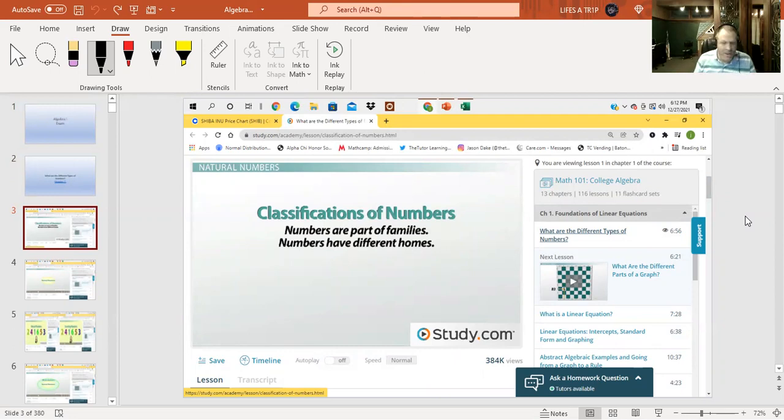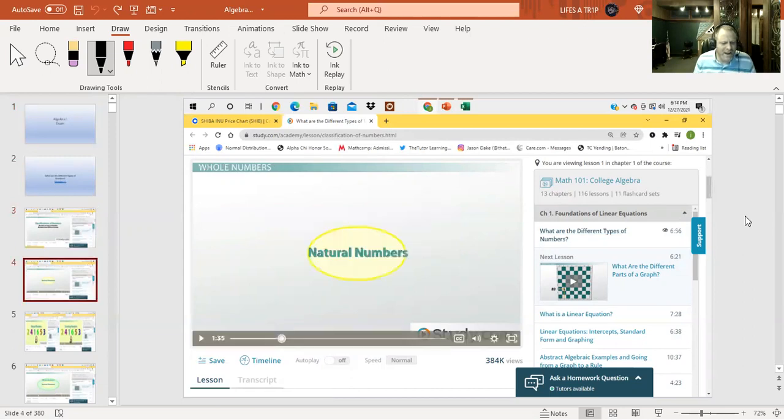What we're going to be using here, we're going to start with the Algebra 1 Springboard and other activities, and we're going to start using our information from here. It all begins right here. So be sure you write this stuff down and pay close attention. Classification of numbers: numbers are part of families, and numbers have different homes.